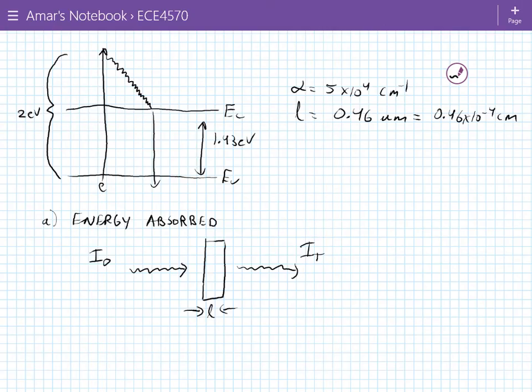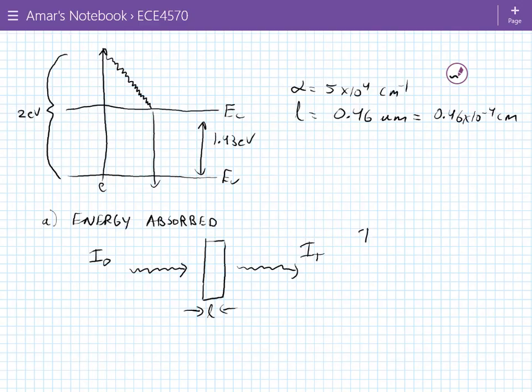Now, we talked about this before. Does anyone remember what the units are for the transmitted and the incident light? What are the units for that light? Yeah? Watts. That's correct. Joules per second. This formula here is talking about watts.